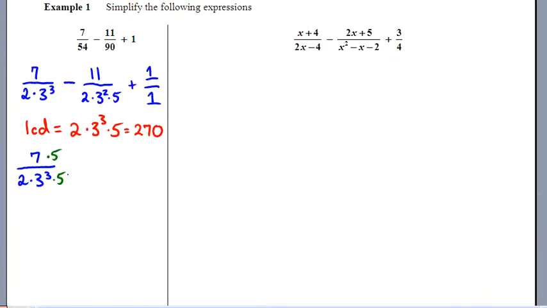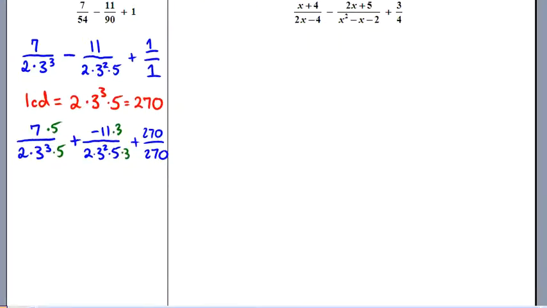Looking at that next fraction, I'm going to write this as plus negative 11, sitting on top of 2 times 3 squared times 5. There's the 90. What's it missing? Well, it needs another 3, top and bottom. And then the 1, well, the 1 needs everything. It needs a full 270 on the top and a 270 on the bottom.